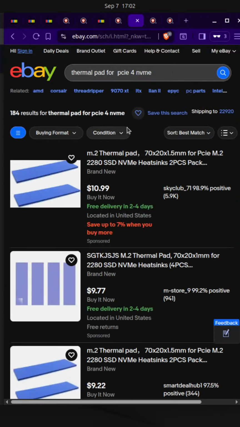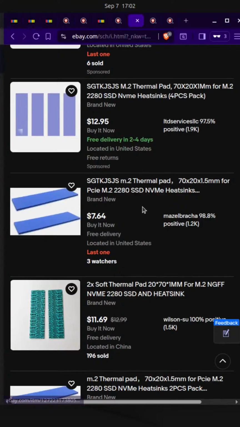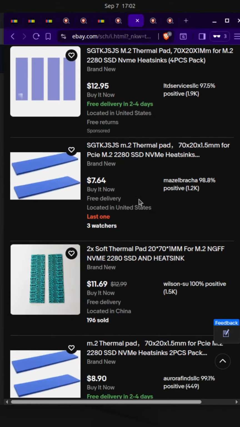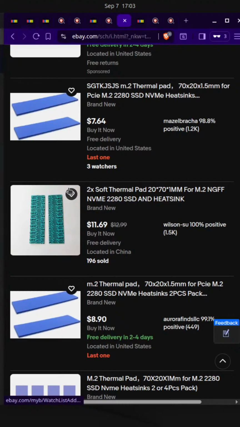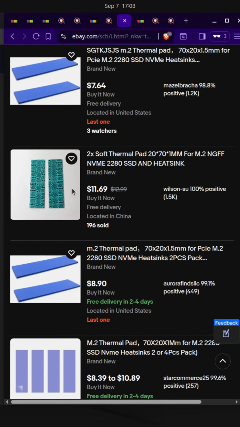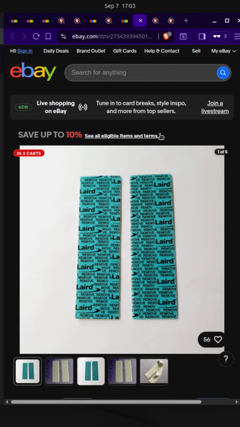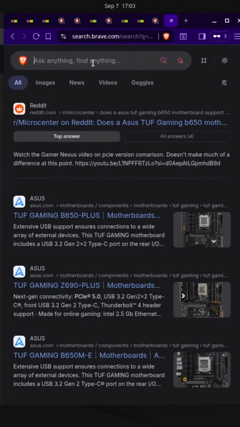Thermal pad for PCIe 4 and NVMe. That ad is really good. Okay, I think I'm gonna get this one because it's the cheapest and I don't know the difference. This one looks like the one, maybe it's just the packaging. Layered. Let's do this. Why not?